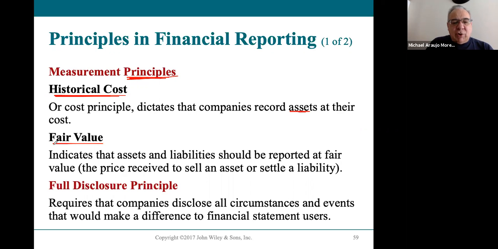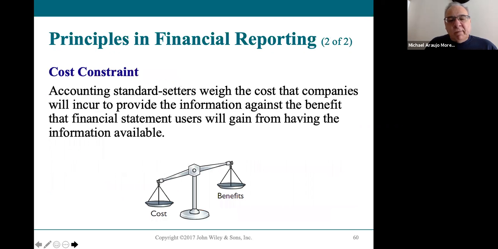Balance sheets also have to make sure that when they list the assets and liabilities on their statements, they're not overstating anything. So that's really the fair value principle, that we have to make sure we're never overstating the value of any of our assets or liabilities. We also have to make sure that when we are putting together our statements, we are disclosing all the circumstances and events that might affect our financial future, because the users of those statements want to know, and so that's part of full disclosure.